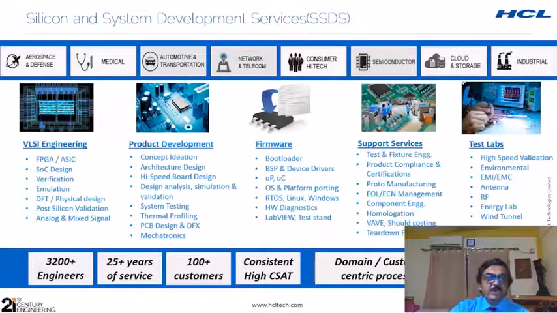And this group has more than 3,000 engineers with 100 plus customers and a global talent pool, a lot of them in India, of course. Then we are also there in the US and Europe and also in Israel.